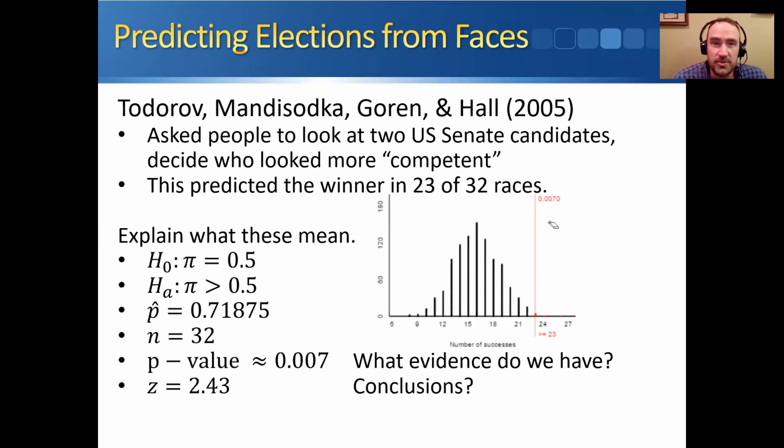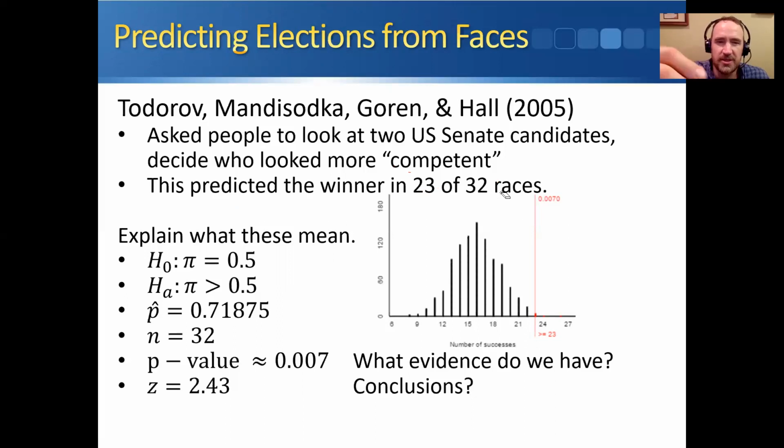Then they took those results and they compared them against the actual winner. So the data we have was the person who looked more competent, did they win the race or not? And it turned out that they predicted the winner in 23 of the 32 races. So the person who looked more competent to people ended up winning more of the time.